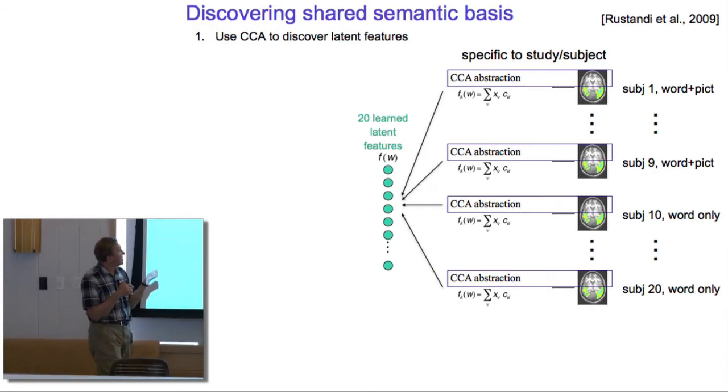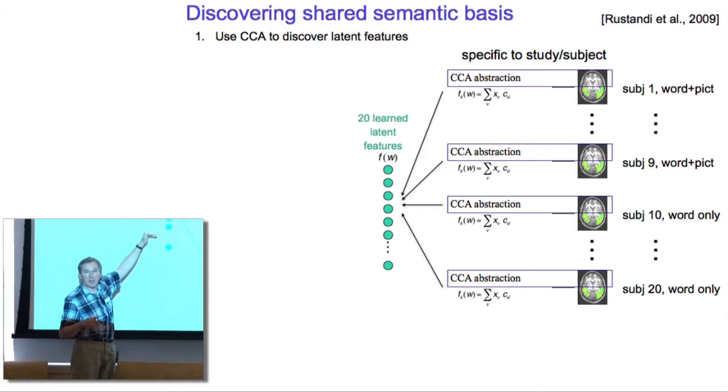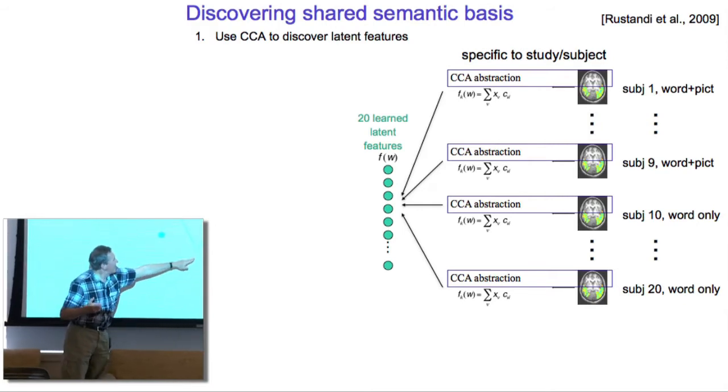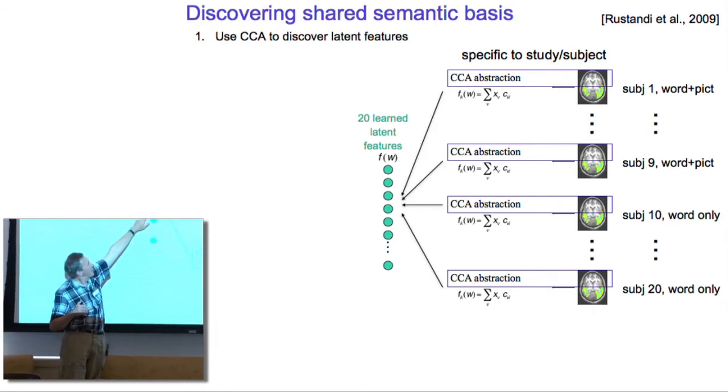In particular, what CCA does is it finds a collection of features. The first one it finds is the feature that it learns a linear mapping, a linear function that maps from each data set to define the feature as a linear combination of the voxel intensities.